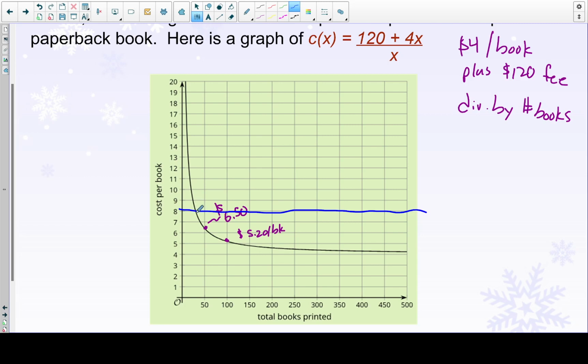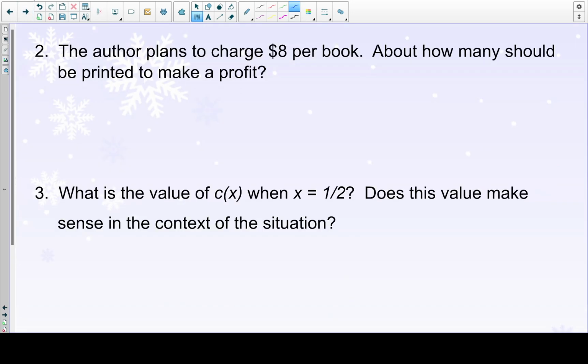When I look at this, at this point here is where it drops below $8. It looks like maybe 30, 35, so maybe about 30 to 35 books. Now, could I solve this as an equation? I suppose I could. So I could say 35 equals 120 plus 4x over x.